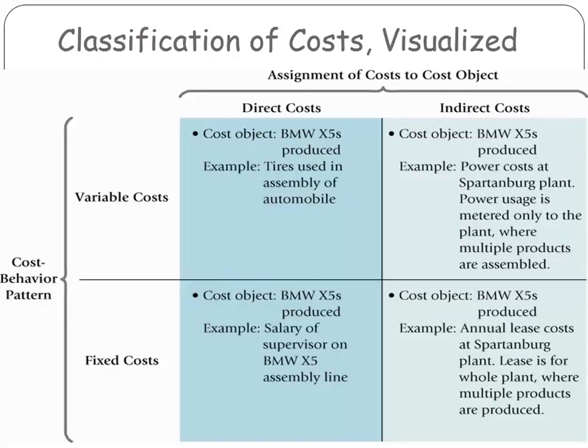It is direct, but it's a little bit obscure because the question says that each plant has separate assembly lines, so they'd be working on one assembly line or the other, so it'd be direct to that assembly line. But you had to see that in the question. Variable or fixed? Variable. Fire insurance for the plant? Indirect fixed. Okay, we got it. That's it for that game.